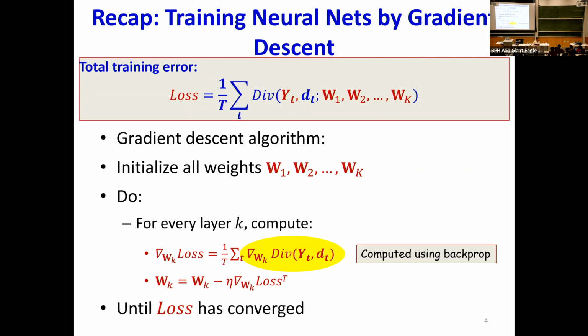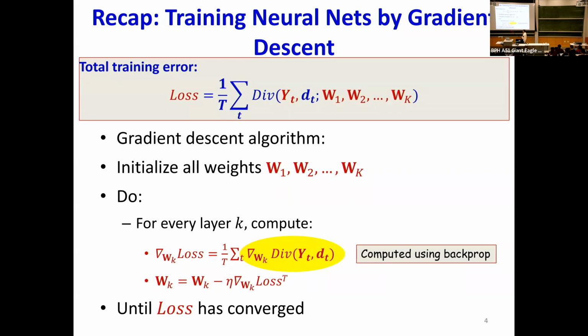You initialized all network parameters, and then in each step, you went through each of the layers in the network, and you computed the gradient of the loss with respect to network parameters, which was the average of the gradients of the divergences for the individual training instances with respect to those parameters.